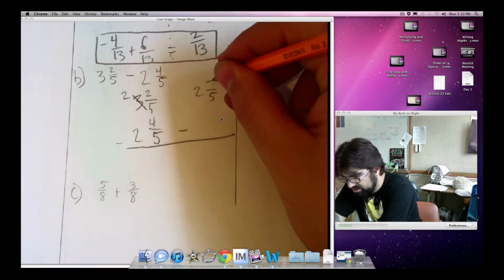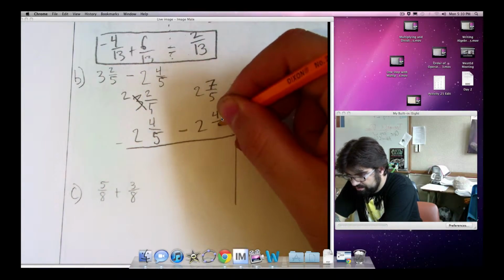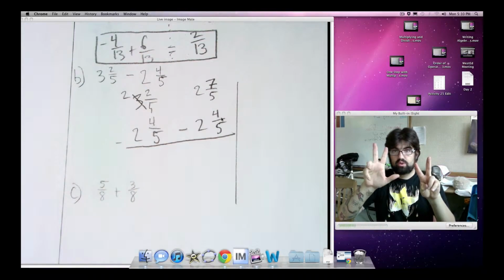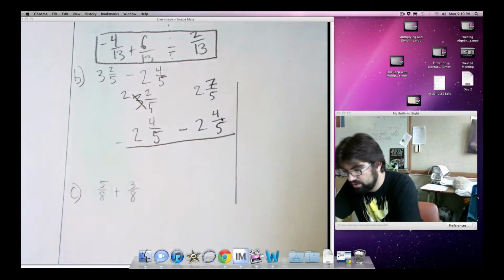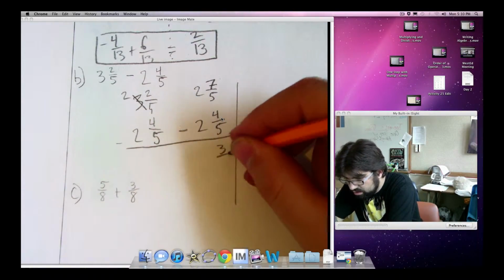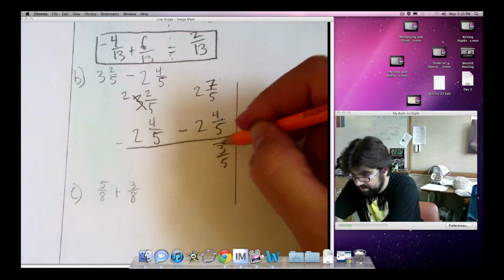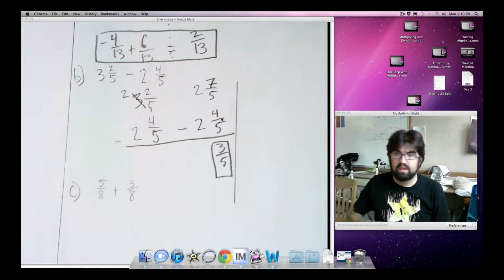So 5 plus 2 is 7. Now I can do my subtraction. So now I've got my 7. Take my 4 away. 1, 2, 3, 4. And I've got 3 fifths. Well, 2 minus 2 is 0, so all I have left is 3 fifths. Is one way of doing it.